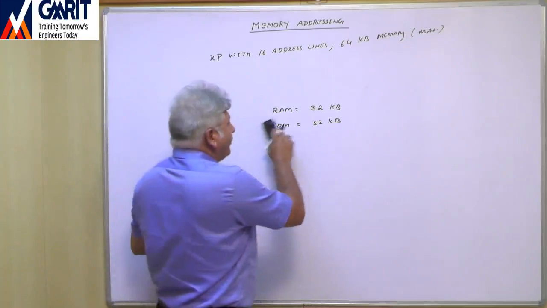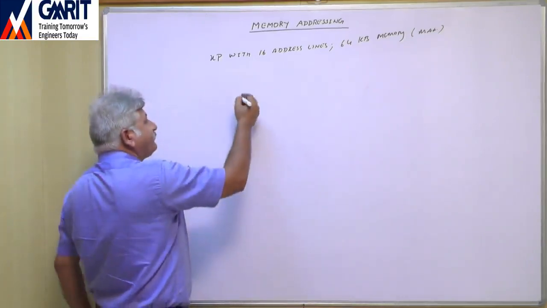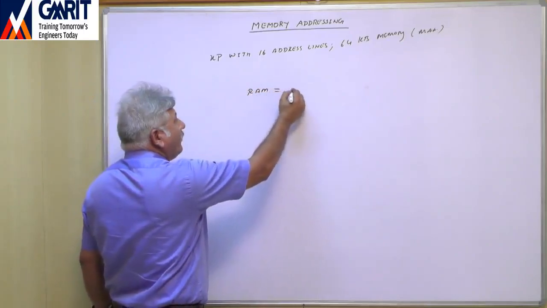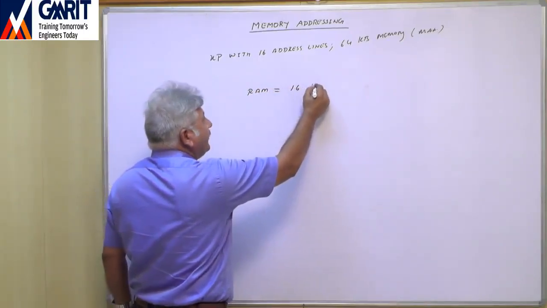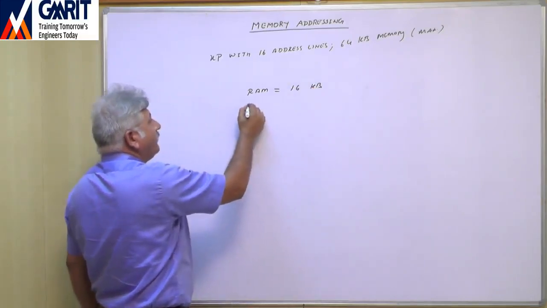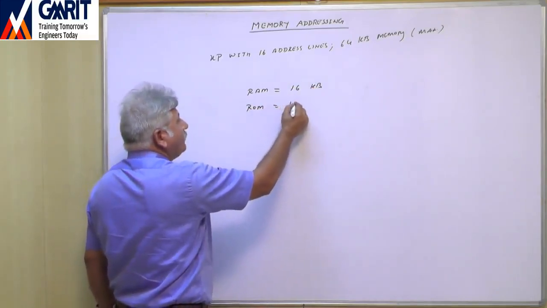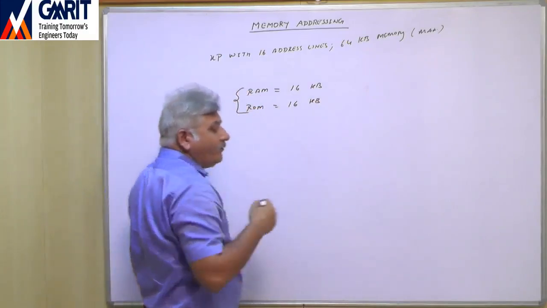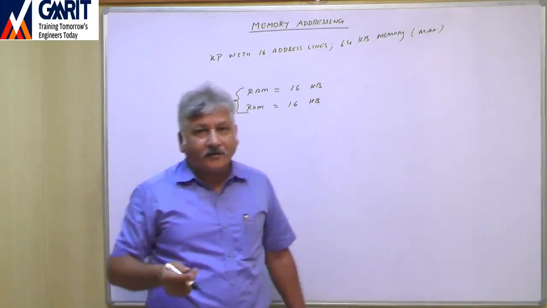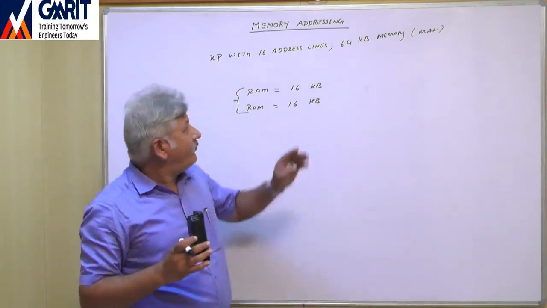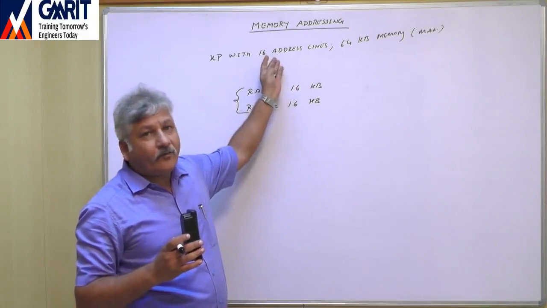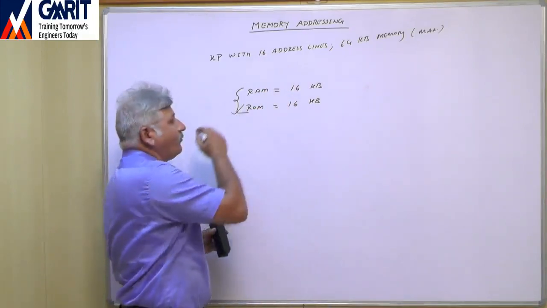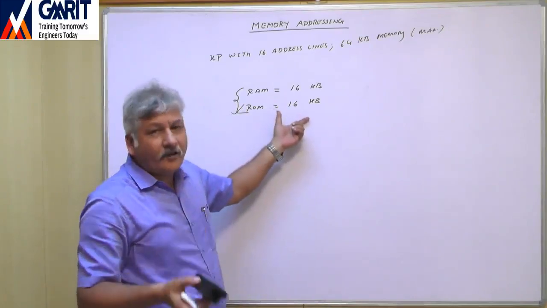Now suppose another case I will take. I want to connect a RAM of 16 KB and ROM also 16 KB. Only this much memory I require, because it depends upon the application, in which particular application we are using this microprocessor. If we know that in our application we require only this much ROM, then what is the need to connect 32 KB?